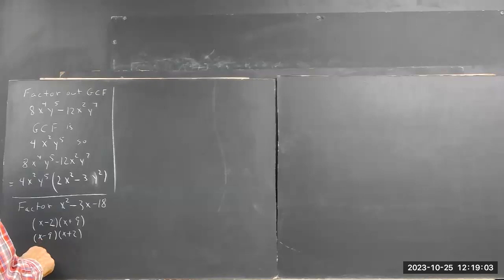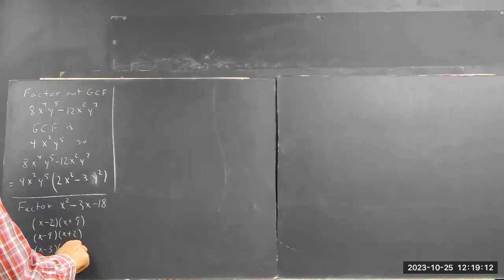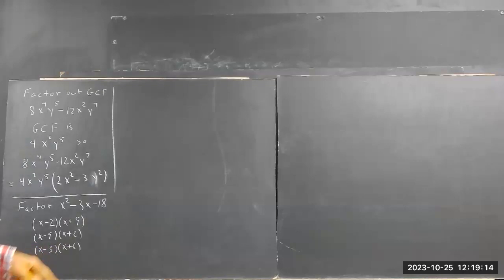Okay, well, let's try x minus 3 times x plus 6. We wouldn't really try that if we were thinking, because the positive here is greater than the negative, and we're not going to get a negative 3x out of that.